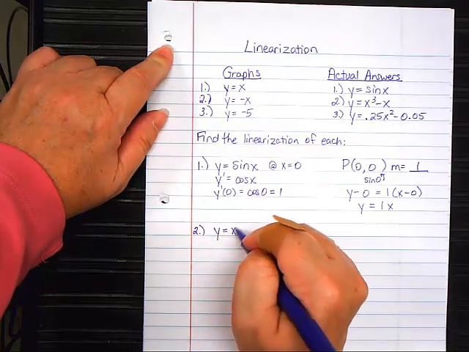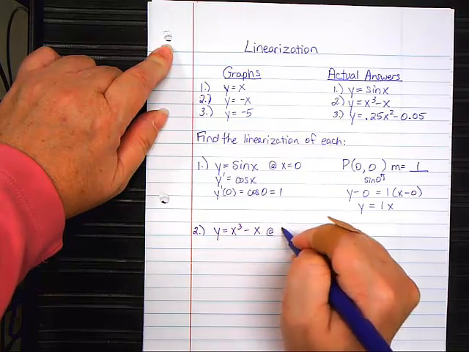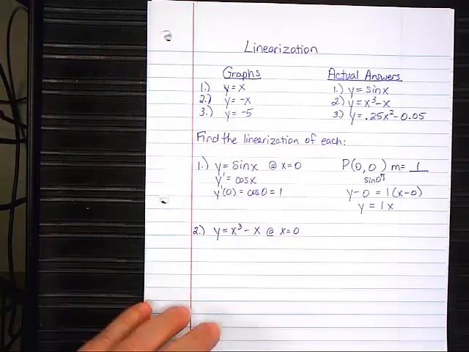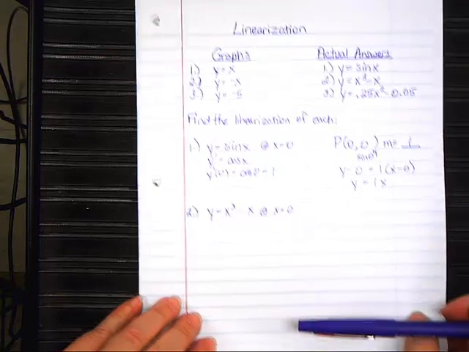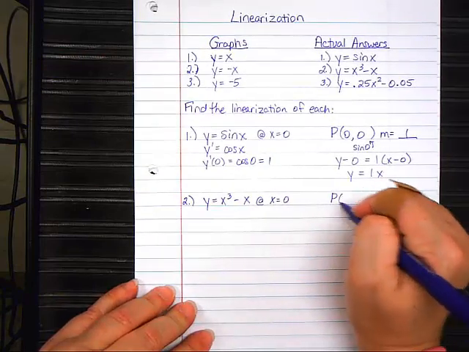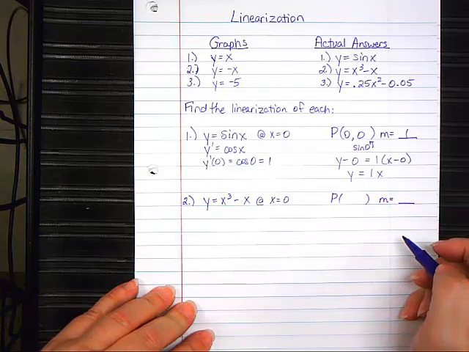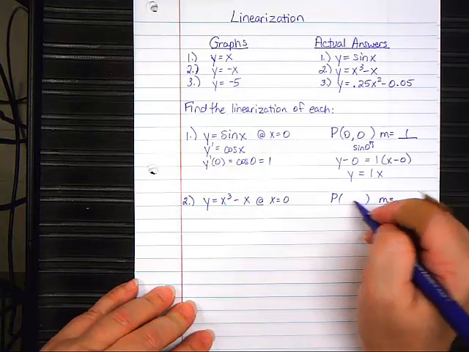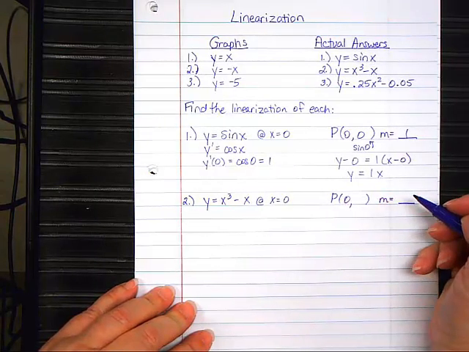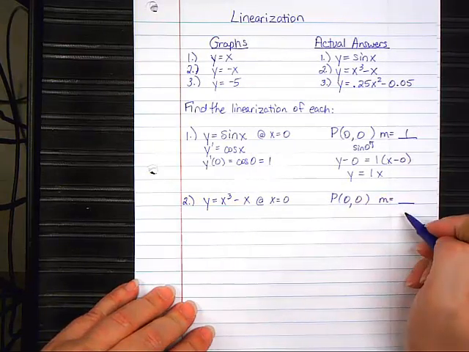Number 2. y equals x cubed minus x at x equals 0. Same process. Point, slope. What do I know? I know the point is 0. What is the y value that goes with that? 0 again.